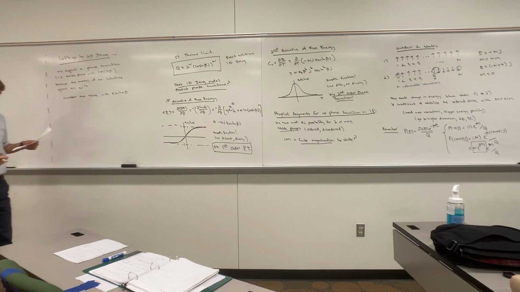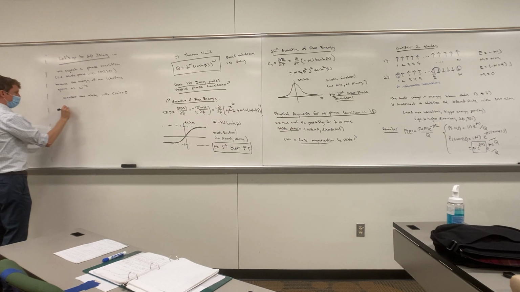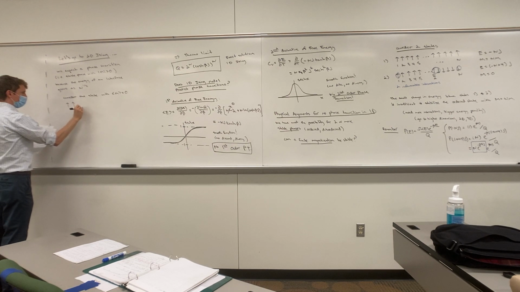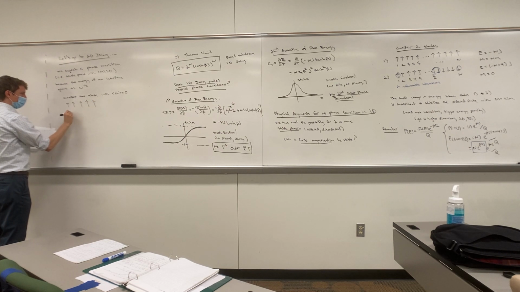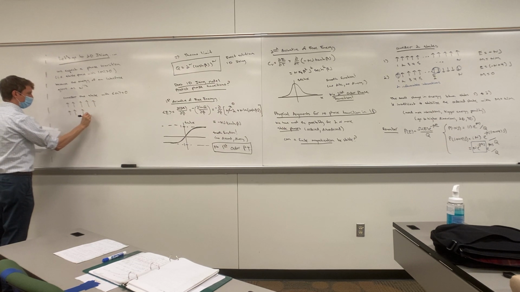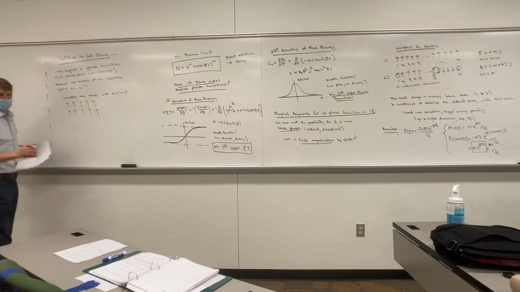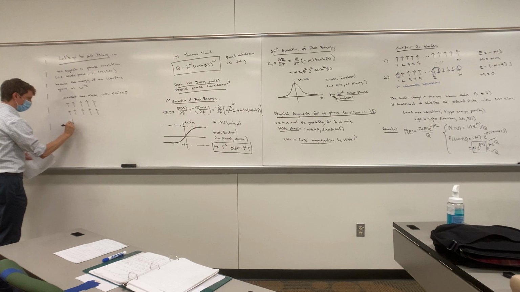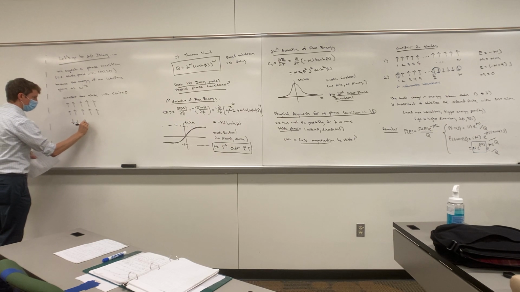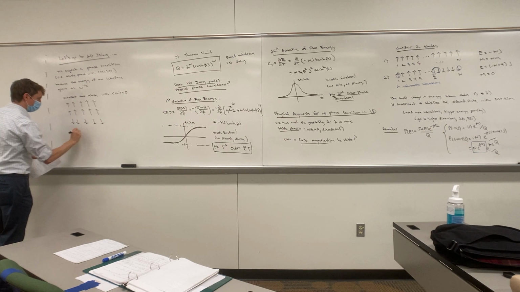Okay, so the analog here would be all spins are up on my top row. Then all spins are up. And then at some point I break and I start drawing rows where all spins are down and all spins are down.